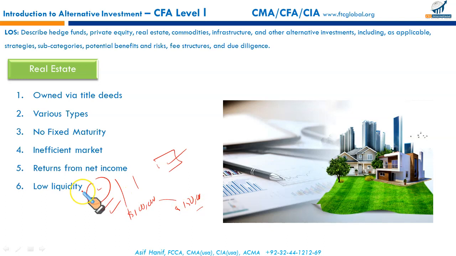And as I said, real estate investments are fairly illiquid. With the exception of real estate securities like mortgage-backed securities, liquidity in the real estate market is low. A successful sale can sometimes take up to a couple of months, as I said in the previous slide.